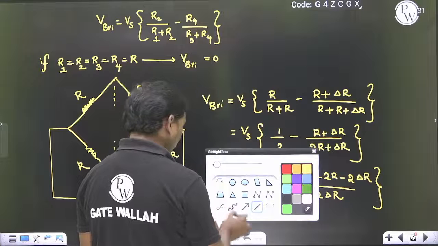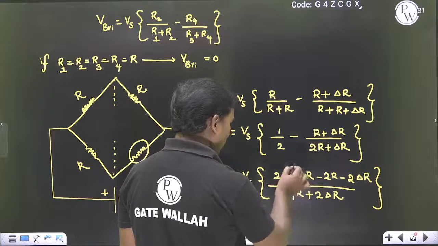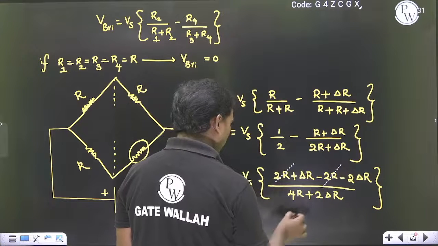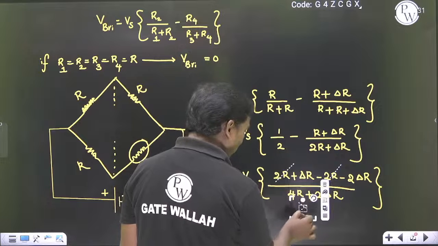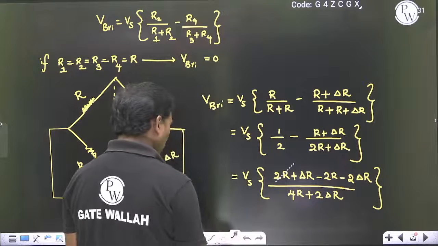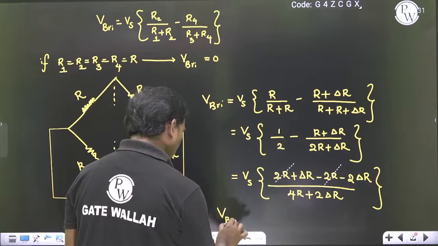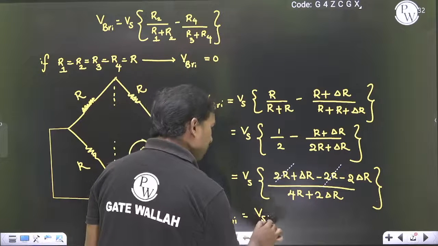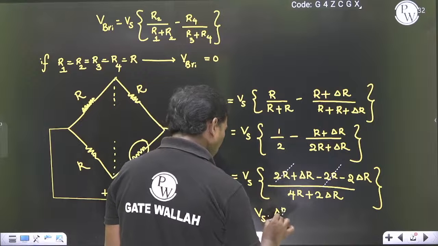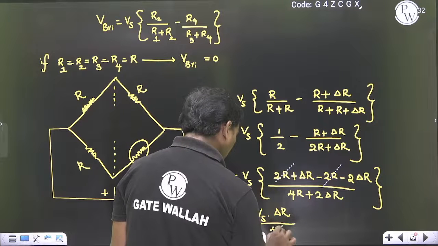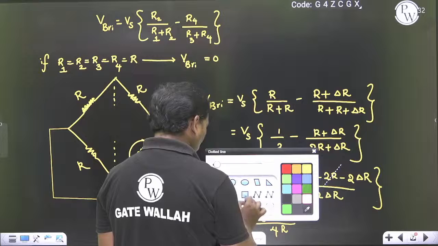Now if you check, 2R gets cancelled, and 4R is very much greater than 2 delta R here. So the V bridge will be approximately equal to Vs into delta R by 4R in magnitude.